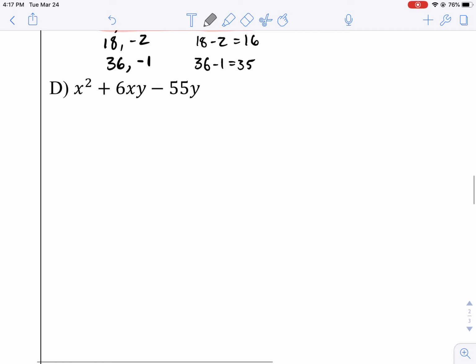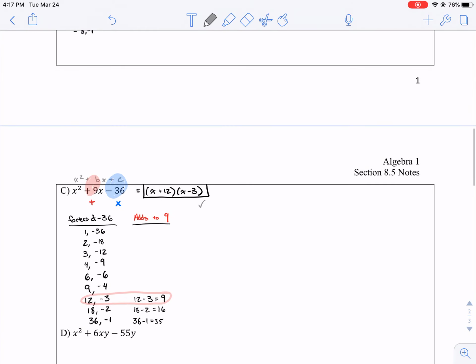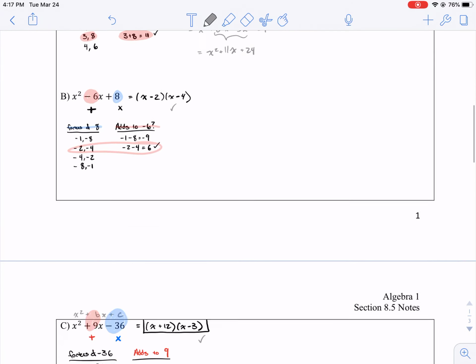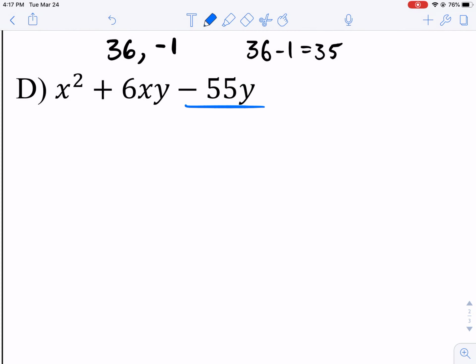Good job. Now for our last one, we have a little bit of a tricky problem because in all of our other ones, our C term has just been a number, but now in our C term, we've got another variable in place, which means our final answer isn't going to be x plus some number, x plus another number, but rather it's going to be x plus something times y, times x plus something times y.